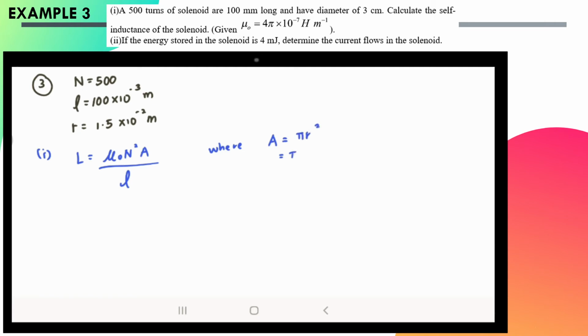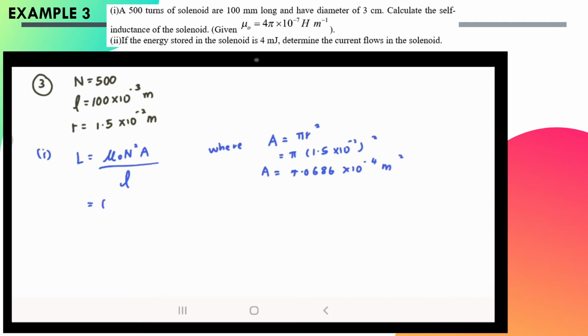Remember, don't be confused or careless: the question gives us the diameter, but we need to use the radius, so divide by two. So A is equal to 7.0686 exponent negative 4 meters squared. So this is the area.